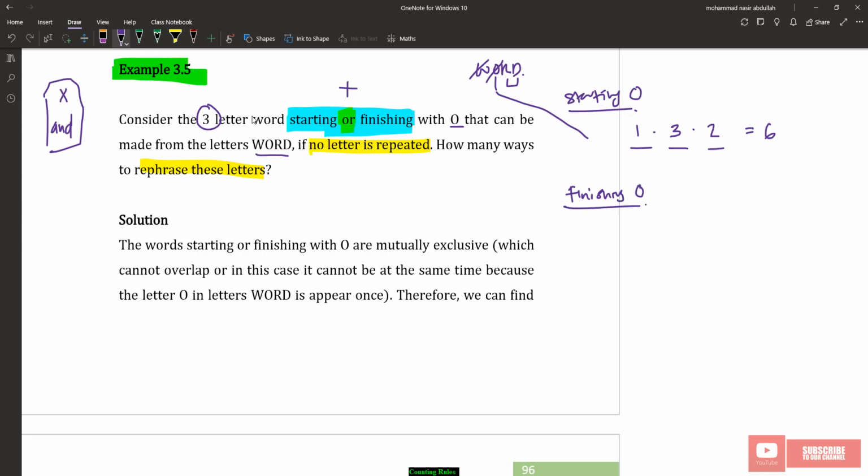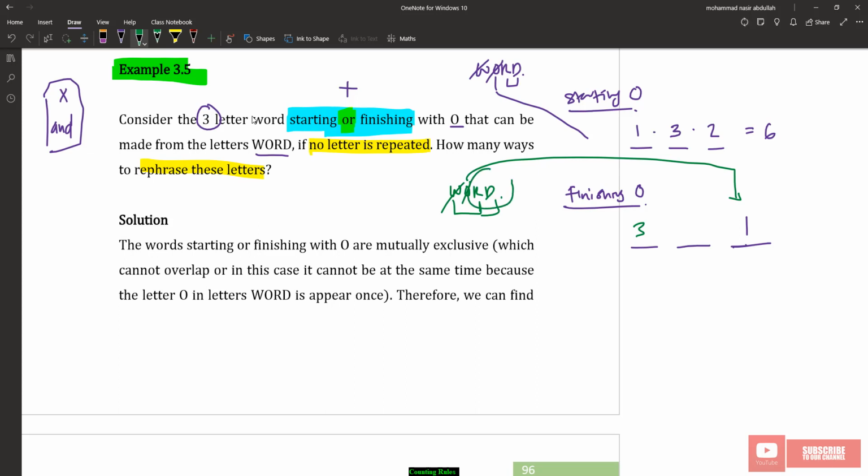Finishing with O is the same as starting with O. Instead of starting with O, we finish with O. So the last step should always be equal to 1, since O is already reserved at the finishing step. So we start from the first step. First step, we have 3 options. Let's say we already picked W on the first step.